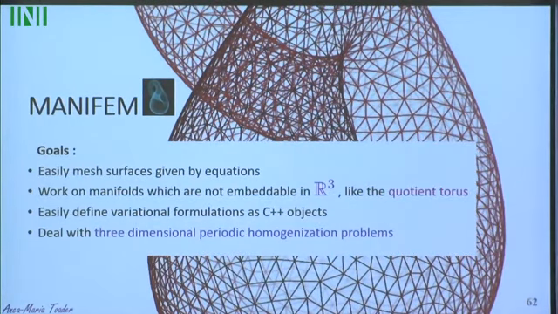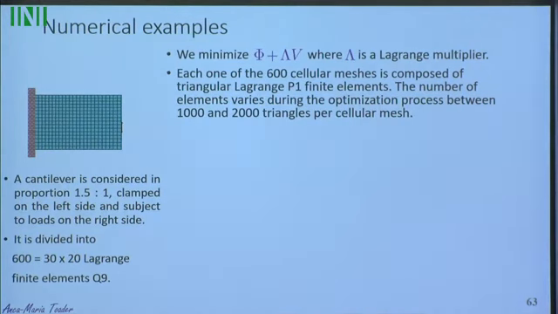We would like to deal with three-dimensional periodic homogenization problems. It deals till now with two-dimensional periodic homogenization problems, and the point is that it will work with manifolds which are not embeddable in R3, like the quotient torus, and it will easily define variational formulations as C++ objects. And let us finally see some numerical examples.